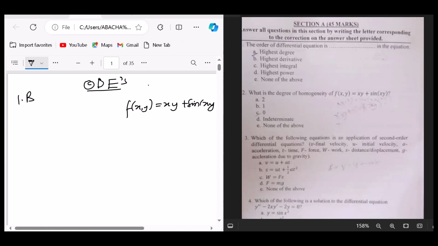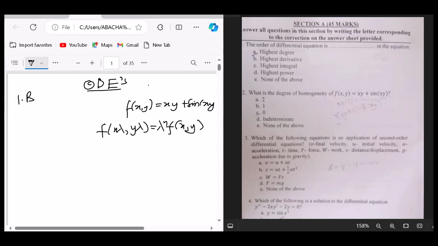So for the degree of homogeneity, if we can write f of lambda x, lambda y as lambda to the power n times f of x, y, then we can determine the degree of homogeneity.